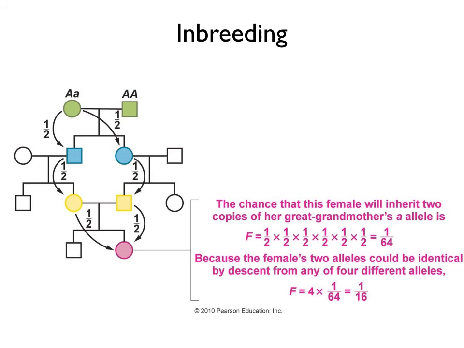Now, when populations become small, we run into an issue that you've certainly heard of, and this is inbreeding. Inbreeding is problematic because we have an increased chance of individuals receiving deleterious alleles, 2 copies of them. They could be homozygous for something that is bad.